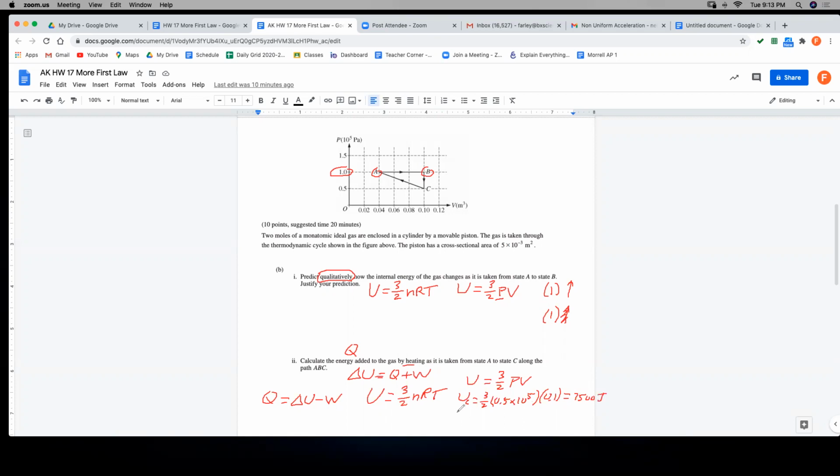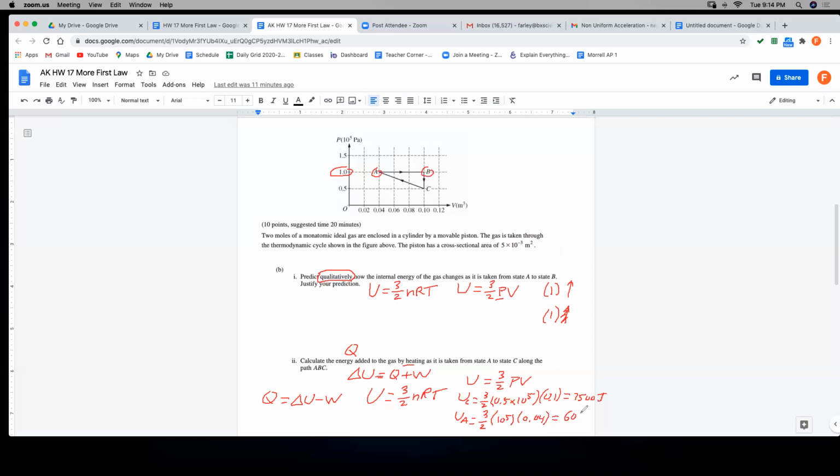Okay. U at A is going to be 3 halves times 1 times 10 to the 5th, that's the pressure at A, times 0.04. So that's going to be 1.5 times 10 to the 5th divided by 100, I think that's going to be 6,000.